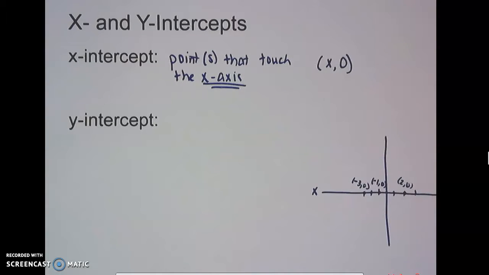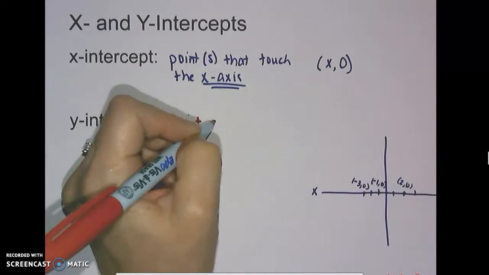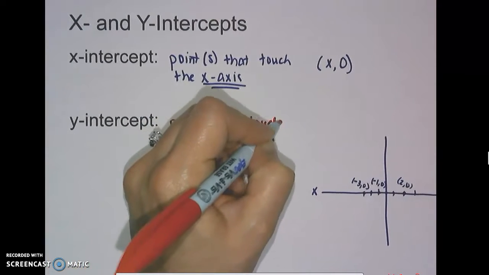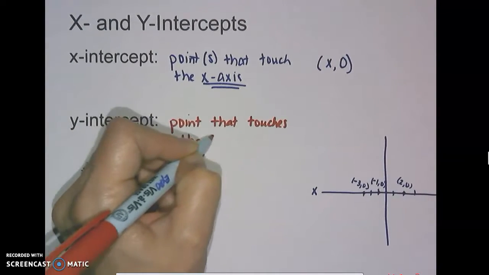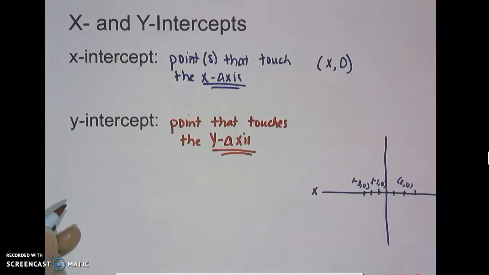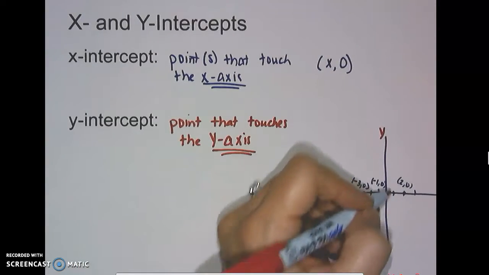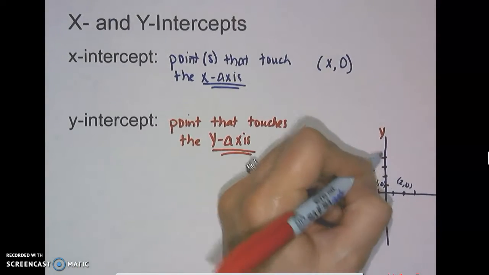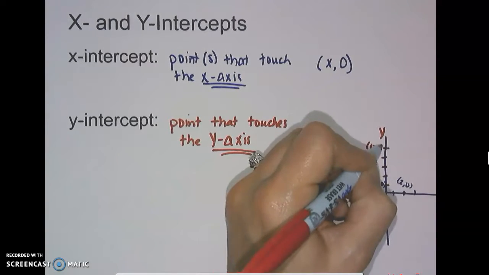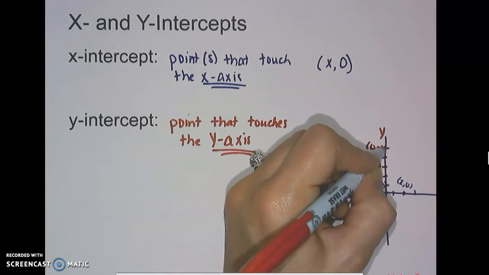Y-intercepts, on the other hand, would be a point that touches the y-axis. Okay, so that's important to know. So here's our y-axis here. What do all of these points have in common? So if we have some y-axis points, this would be the point 0, 5, or 0, 3 would be that point right there.